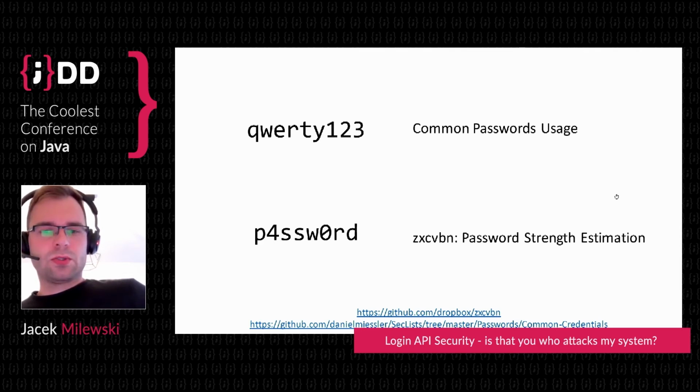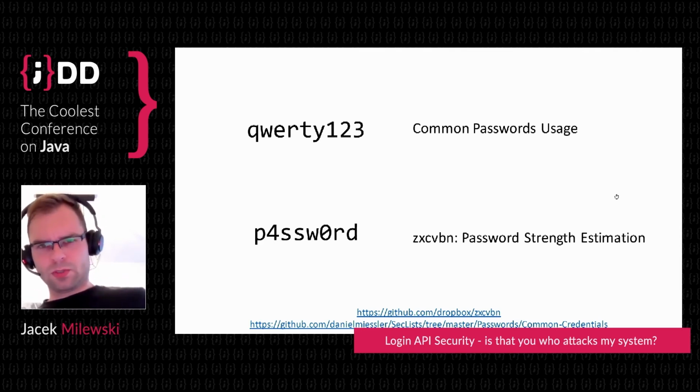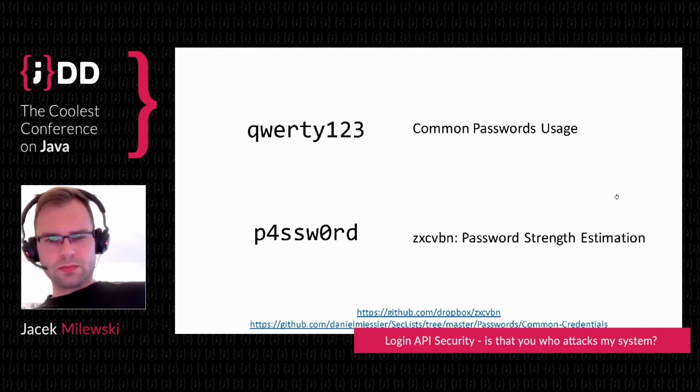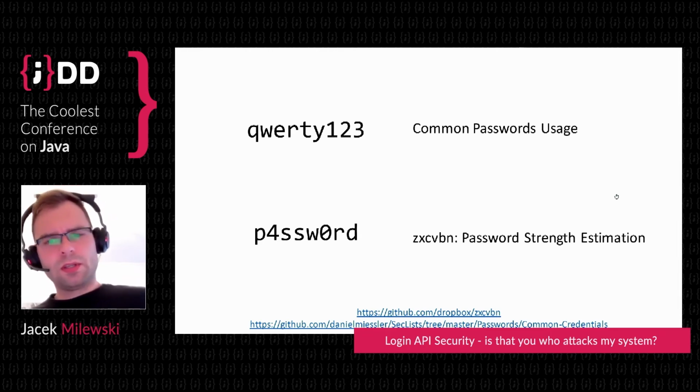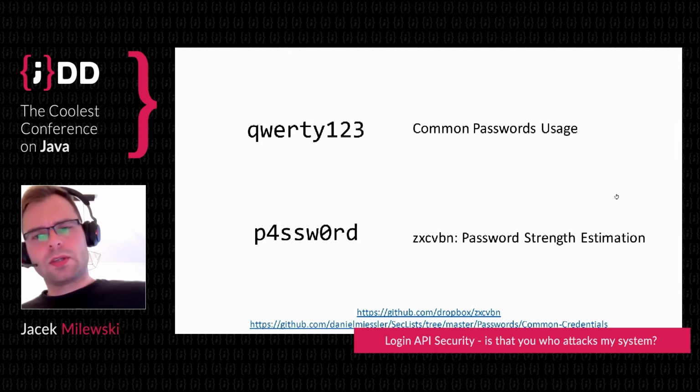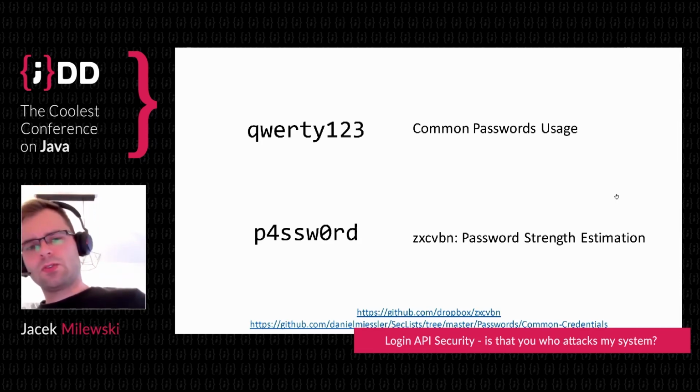We checked two things. We scanned the hashes of our customers' passwords against common passwords that are published on GitHub. You have a link below. Passwords like QWERTY123. The second thing we did was measure password strength, or password entropy.